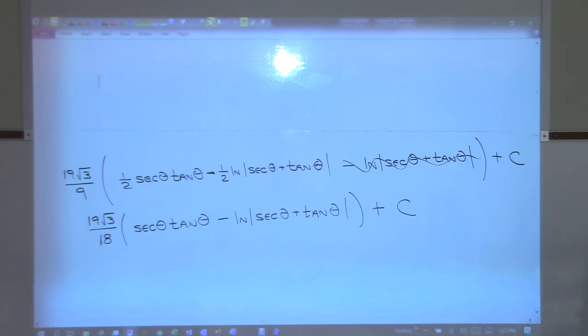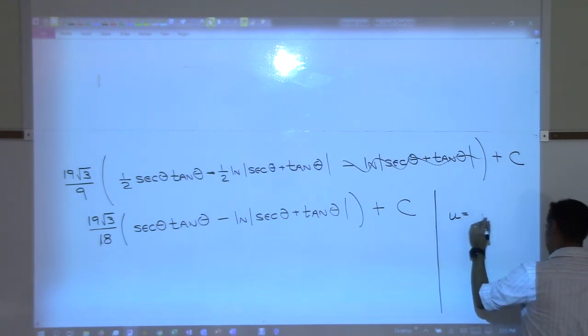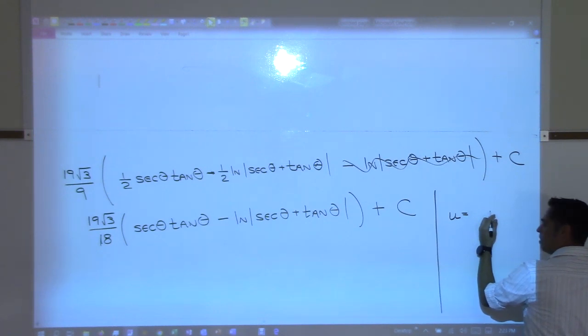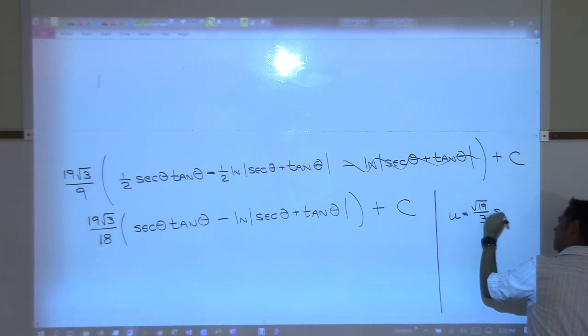No. Got to get it back to x now. But we got to get to u first. Yeah, u before x. So the relationship we had with theta was that we made a substitution way back when that u is equal to x minus 2/3. No, that was a different one, right? This is radical 19 over 3 secant theta, right?